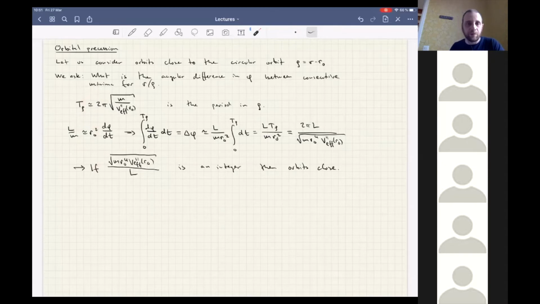What do you mean when you say that they close? So the angular distance between two consecutive minima is such that on consecutive laps, you're going to come back to the same point. Okay.